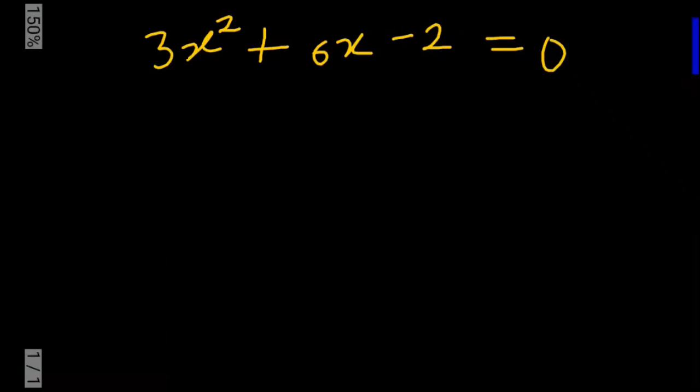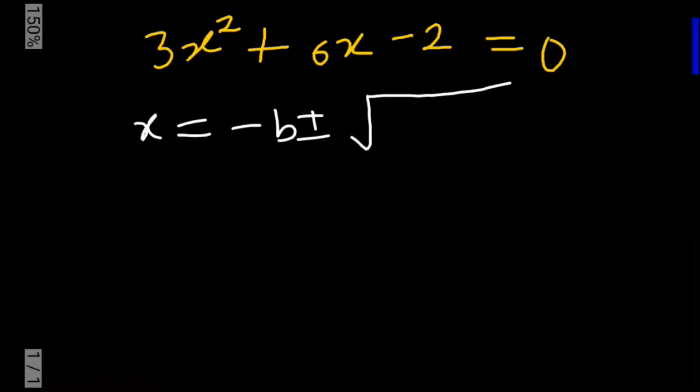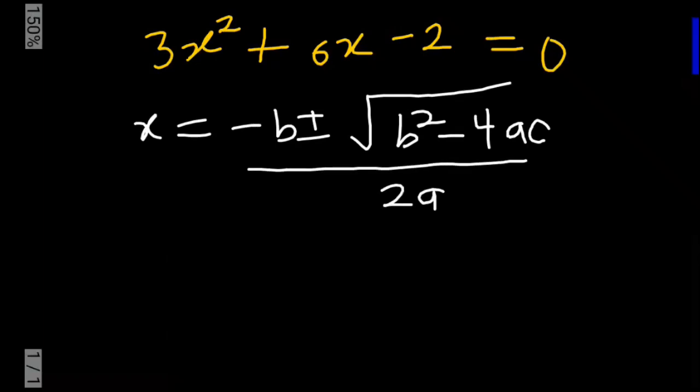Our quadratic formula is x equals minus b plus or minus the square root of b squared minus 4ac, all over 2a. The coefficient of x squared is our a, the coefficient of x is our b, and our constant is our c. So our a is 3, our b is 6, and our c is minus 2, because we have a negative before the 2.